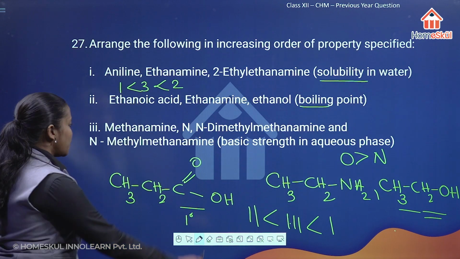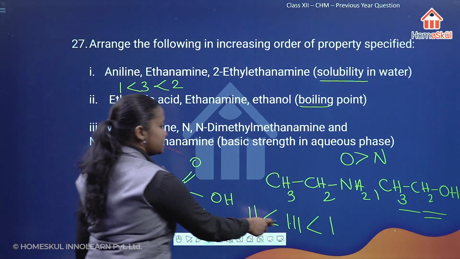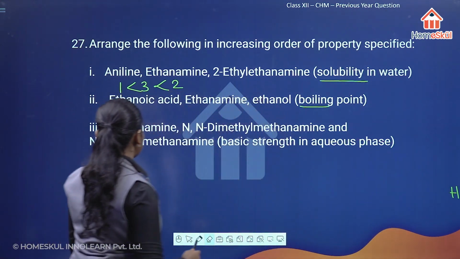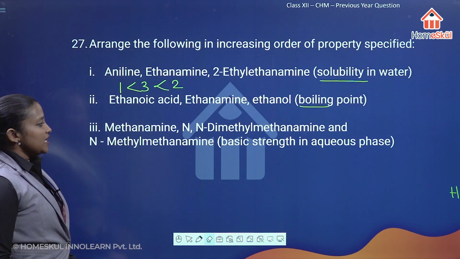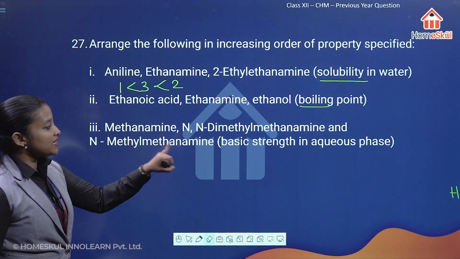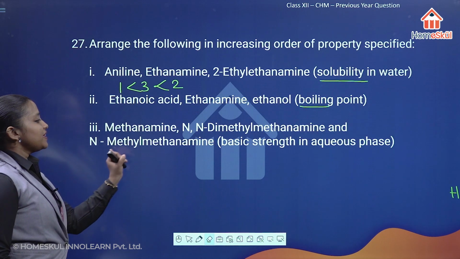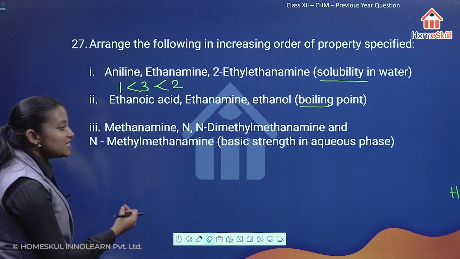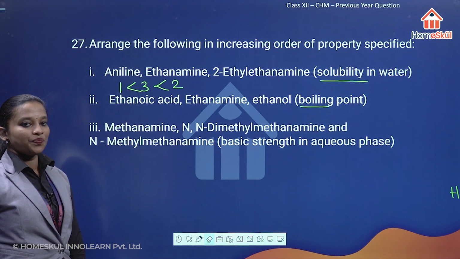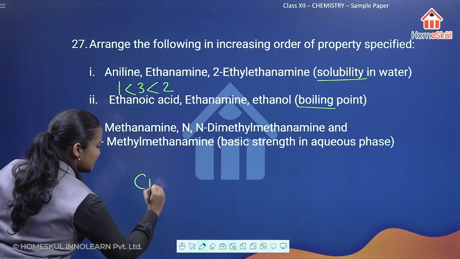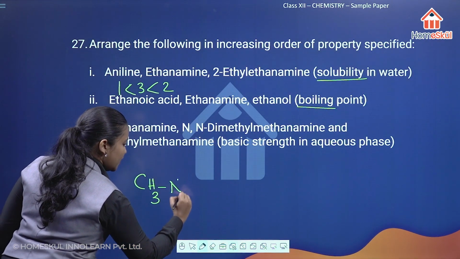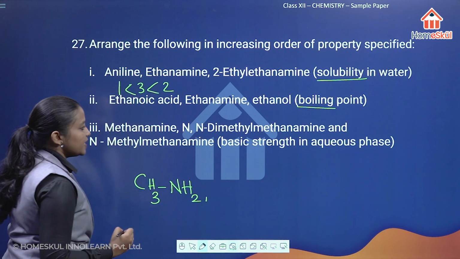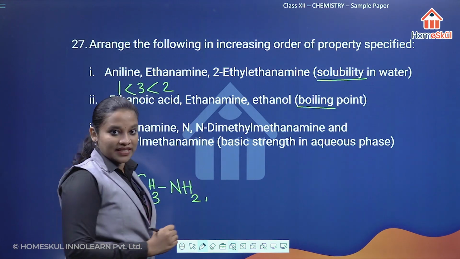Okay, now moving on to the last one. Methanamine, N,N-dimethylmethanamine and N-methylmethanamine. We have to arrange them by basic strength in aqueous phase. Let's write the methanamine, that is CH3NH2, and the second one, N,N-dimethylmethanamine.